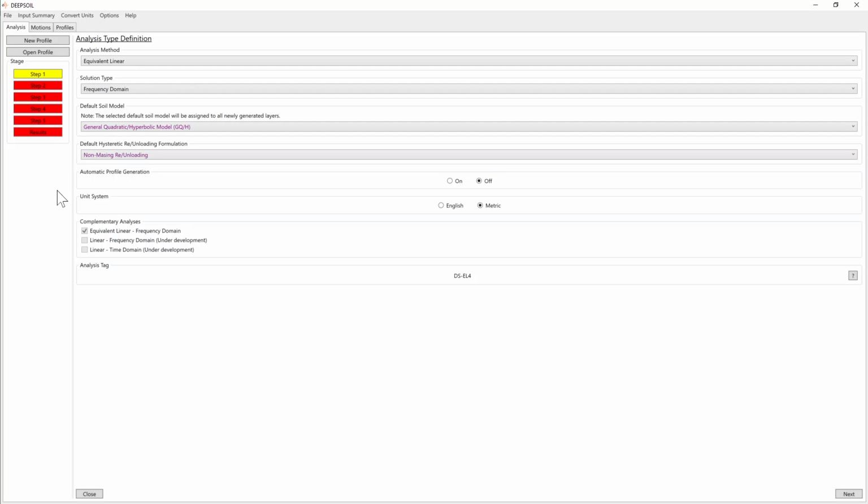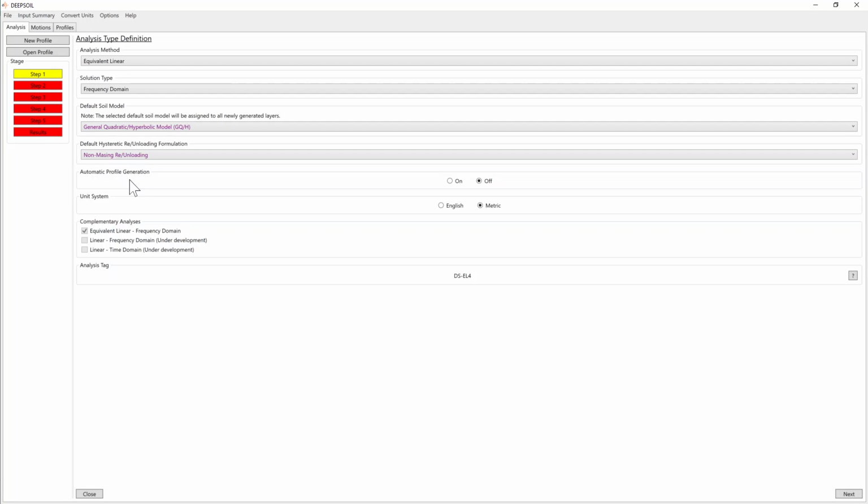The current version of Deepsoil is version 7. It allows for an automatic profile generation. What that means is that based on one shear wave velocity profile, Deepsoil will automatically generate many iterations of the same, a variation of your shear wave velocity profile, so you can study the effect of a variability in your profile, because there's always uncertainty associated with your shear wave velocity profile.